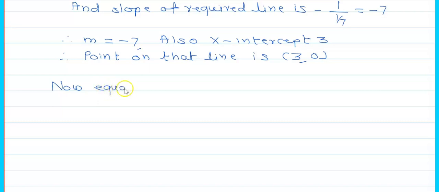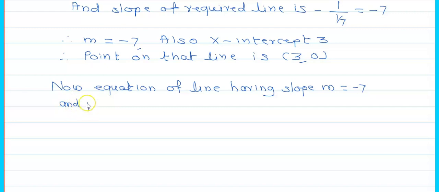Now the equation of the line having slope m equals minus 7 and the point on that line is 3, 0. Means we know the point and its slope.